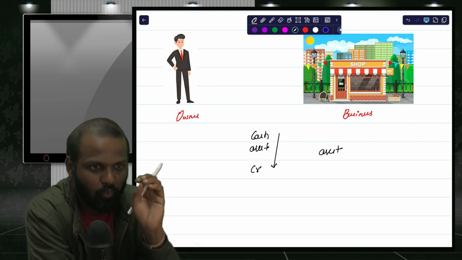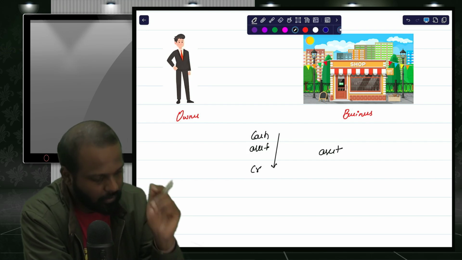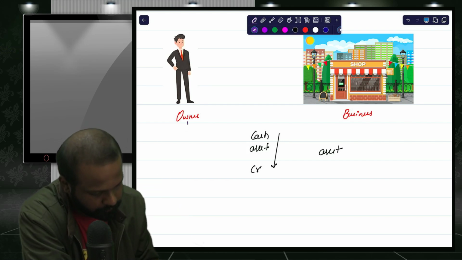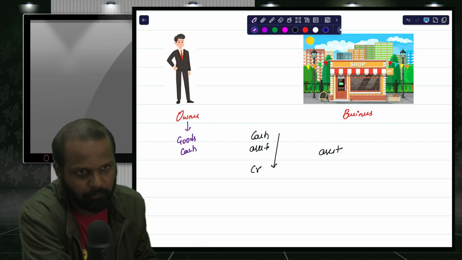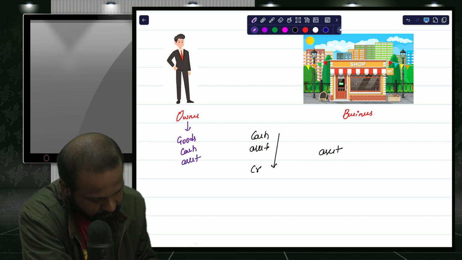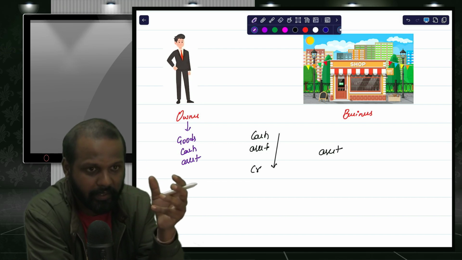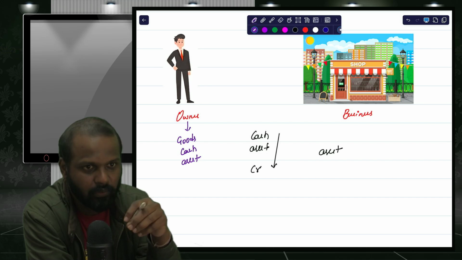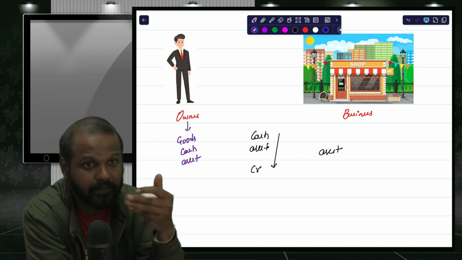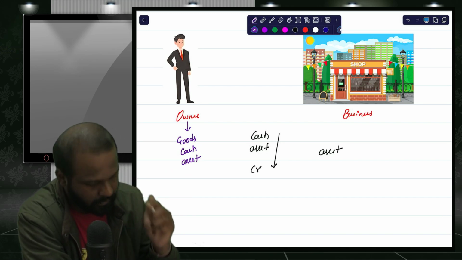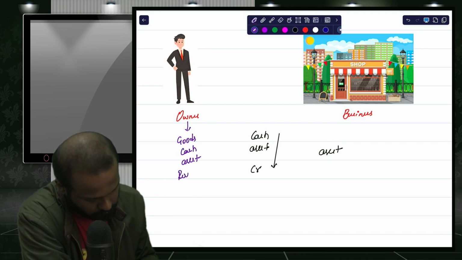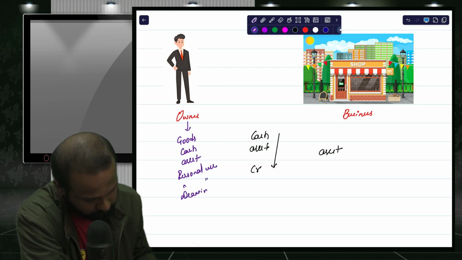Drawings means whenever the owner withdraws goods from the business or cash from the business or an asset from the business for his personal use, then it is recorded in the books by the name called drawings.